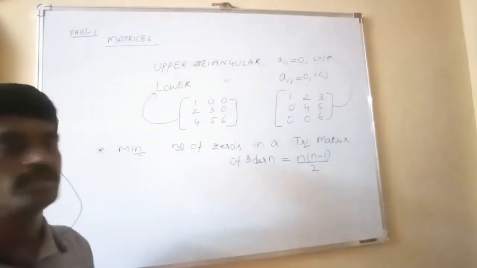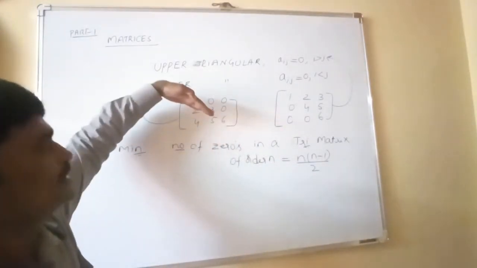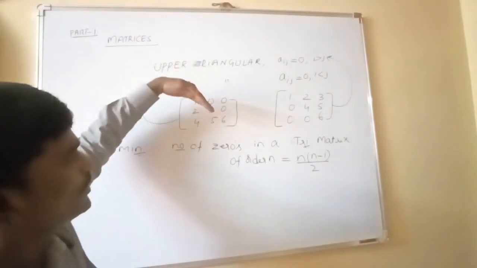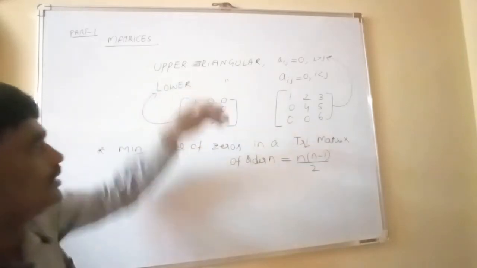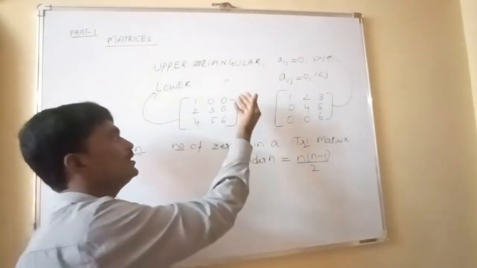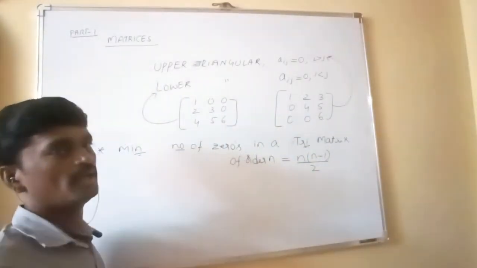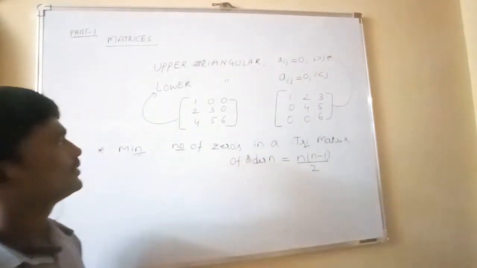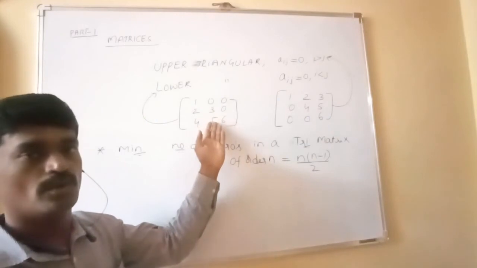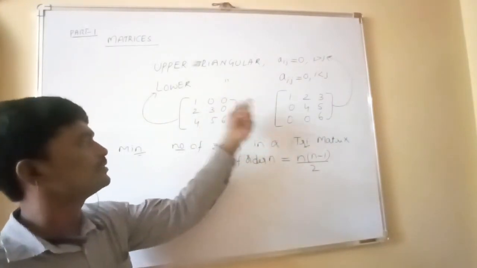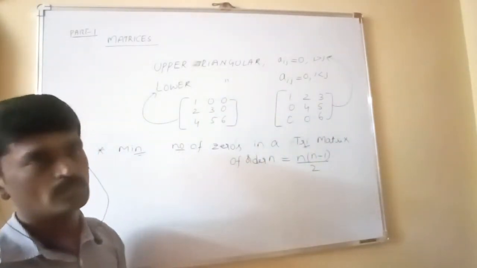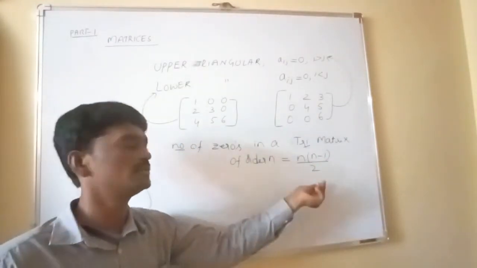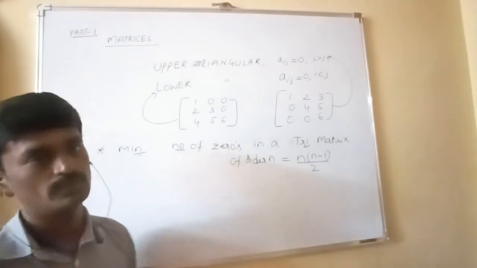Because the number of elements in a square matrix of order n is n square, and the number of elements above the diagonal or below the diagonal is n square minus n by 2, or n into n minus 1 by 2. From the definition, if it is either lower triangular or upper triangular, this part will be 0. So the minimum number of zeros in a lower or upper triangular matrix is n into n minus 1 by 2.